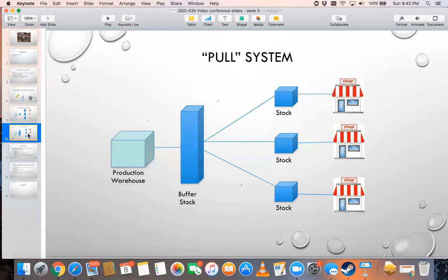So in a pull system, we still deal with demand, probably more so than in a push system. But the way that you would do it would still be similar, I think.